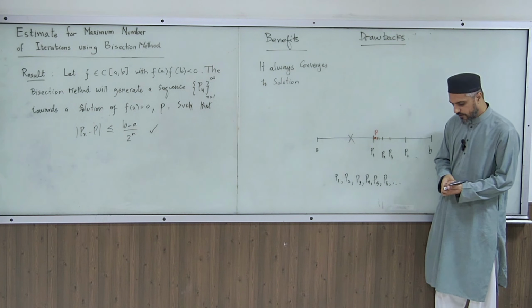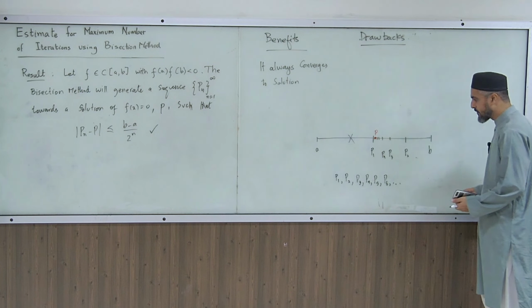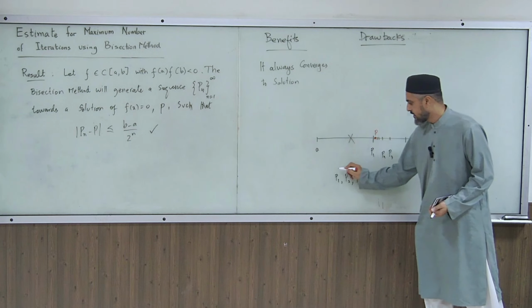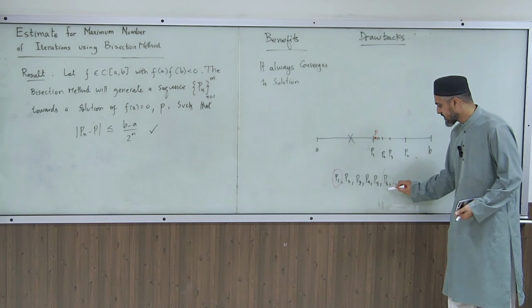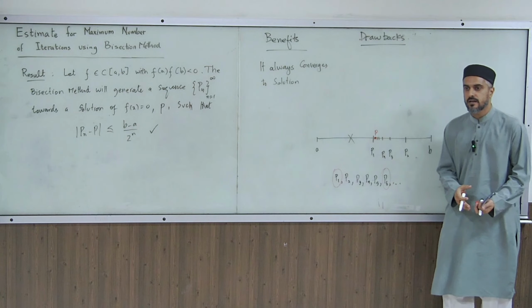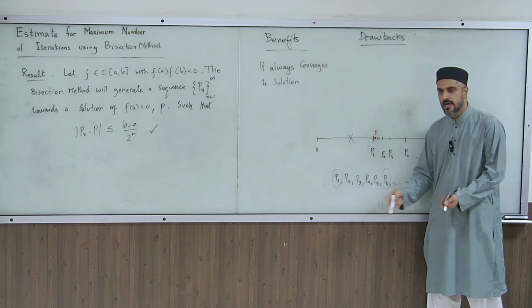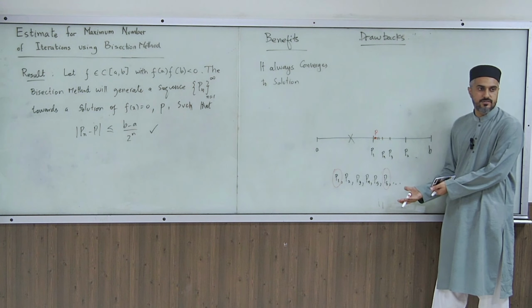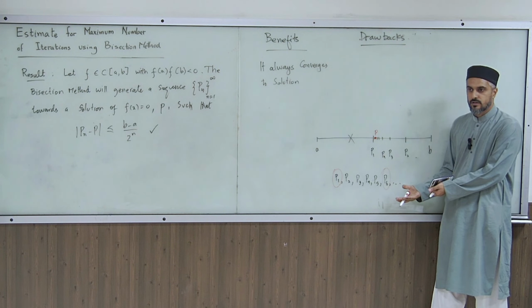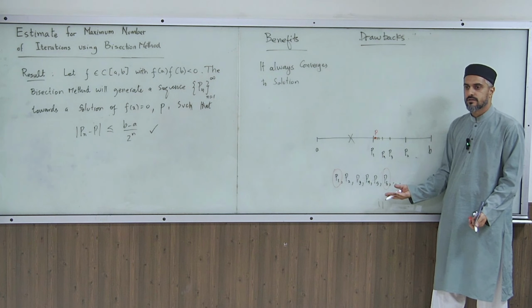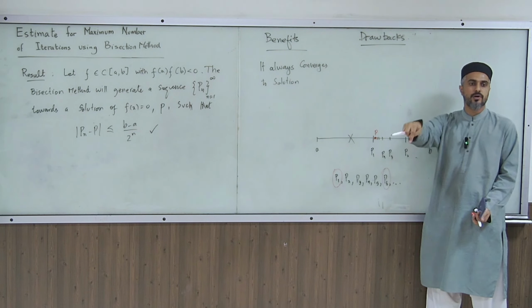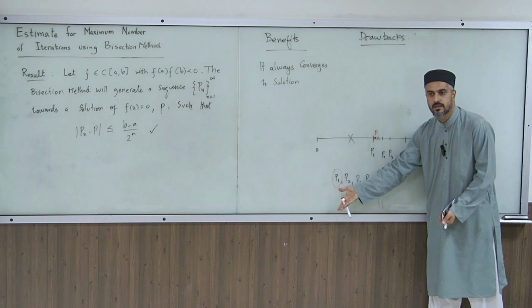But what you see in common between P1 and P6, roughly speaking, is that P1 is as near to P as P6 is. But we have to do a lot of work to get to the same point where we were initially at.